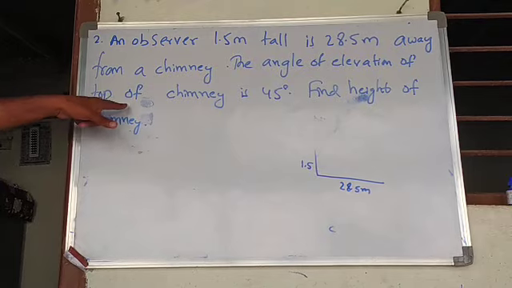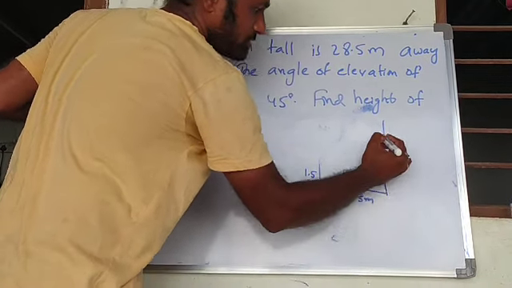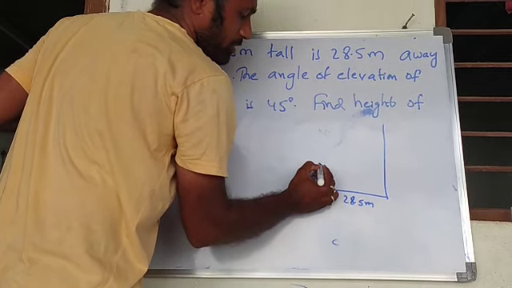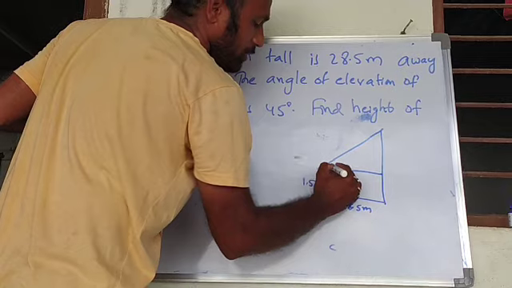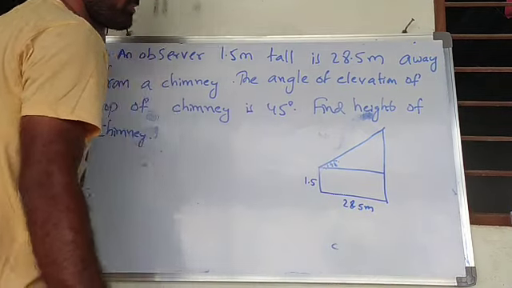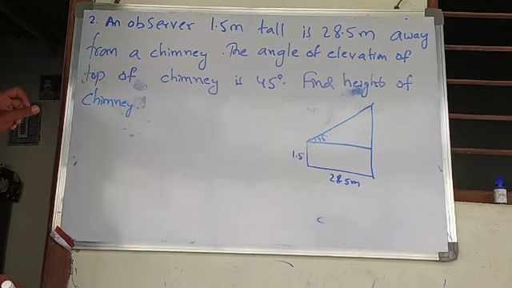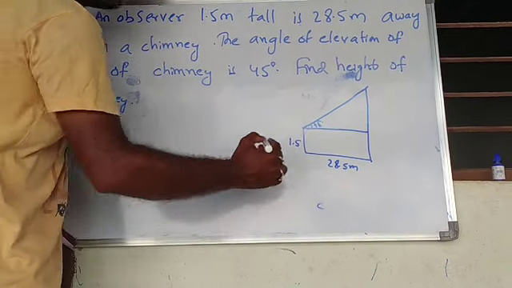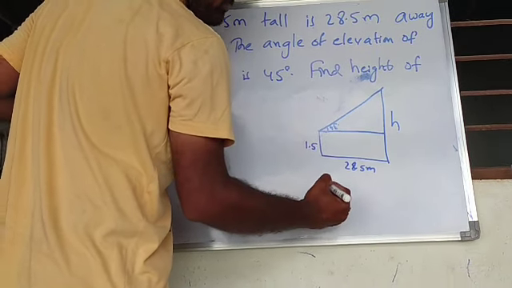The angle of elevation of the top of the chimney is 45 degrees. So there is one chimney which will be straight. So the angle of elevation from here is 45 degrees. So find the height of the chimney. We need to find this total height of the chimney.